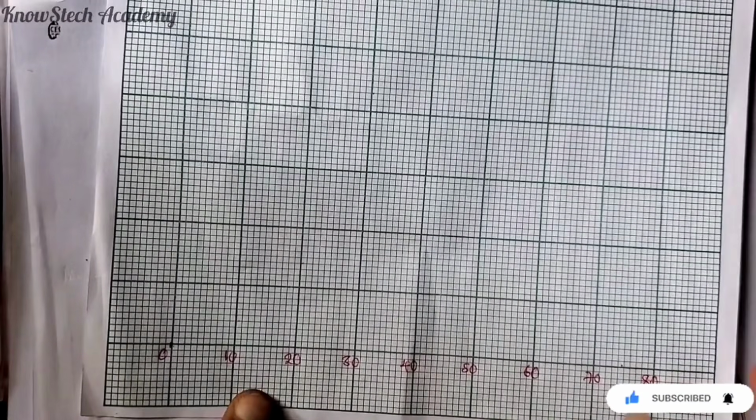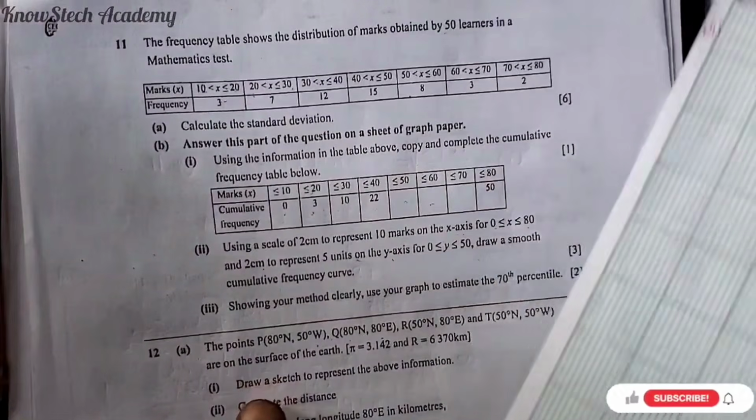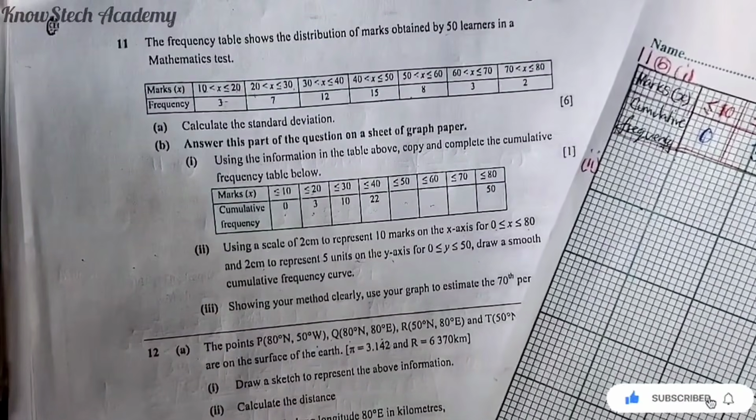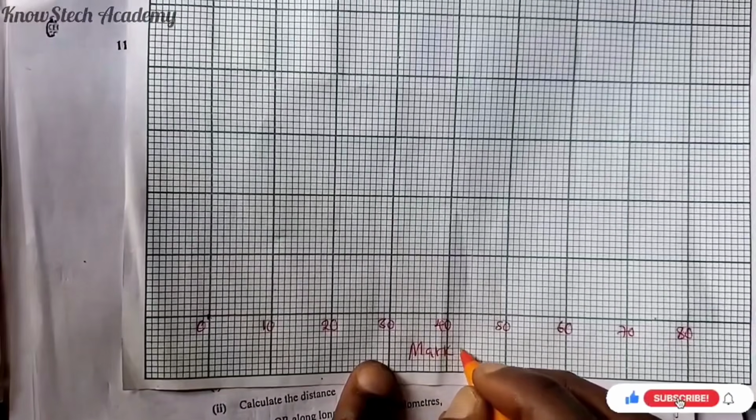And then in the x-axis, that's where you have the marks. So we can write here marks, represented by x there.